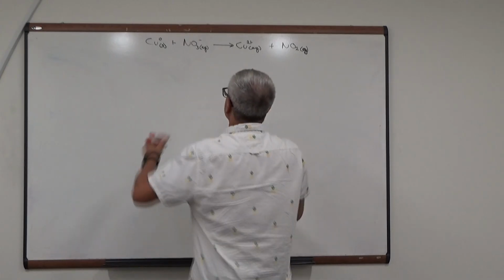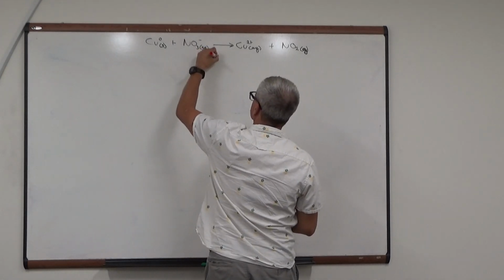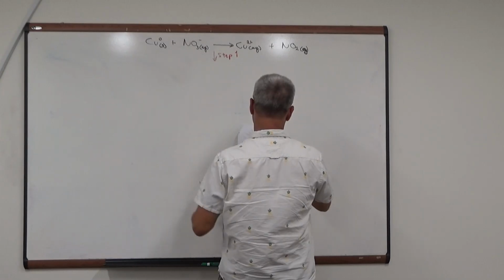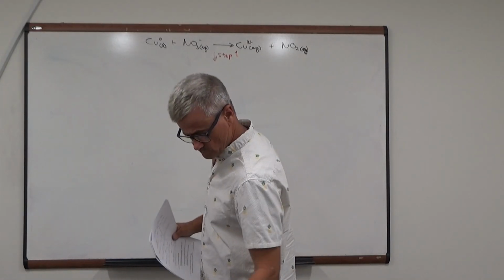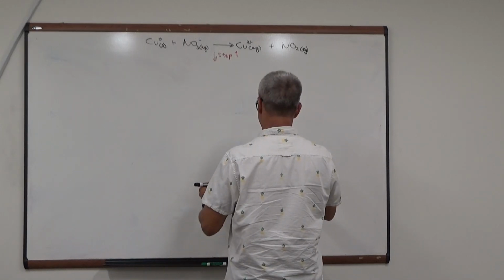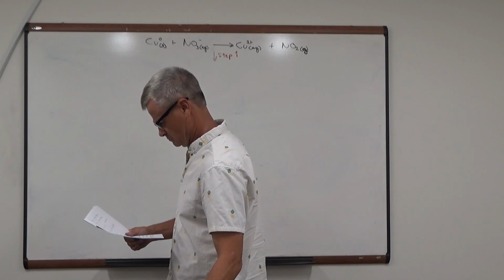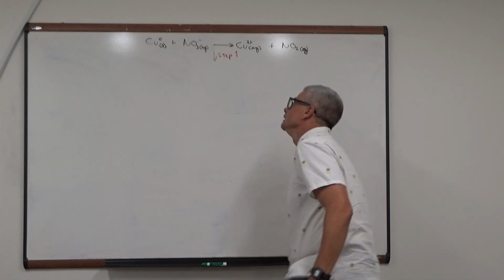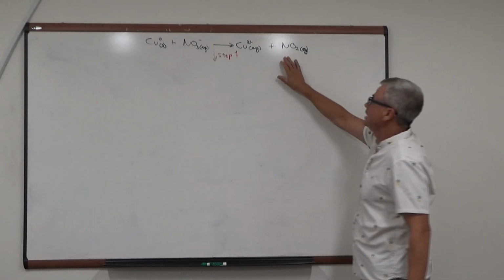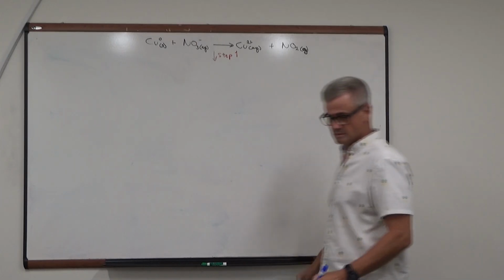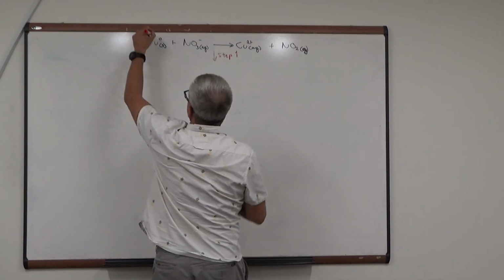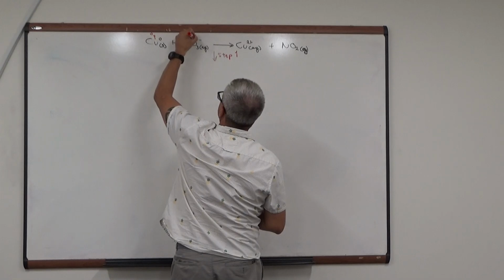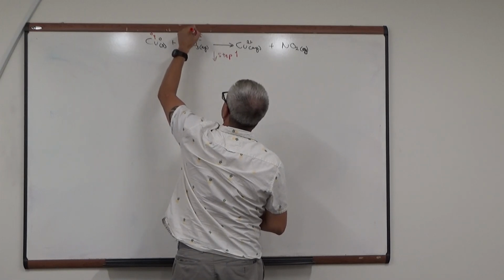All right, so step 1. And then nitrate to nitrogen dioxide. Oh yeah, actually that would have been a good first step, to think about the oxidation numbers here. So that's 0, -2, so that's -6.